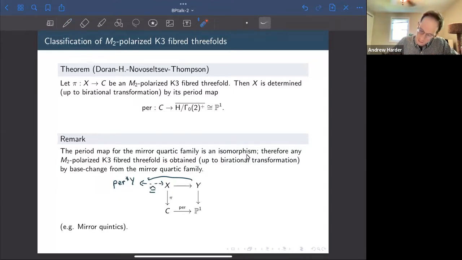It was by the map, I think, s to the 5th, lambda s to the 5th over s plus 1. That was the period map for the mirror quartics. So this depends on the parameter lambda. It was a one-dimensional family of mirror quintics. In practice, these are very tangible, down-to-earth things that we're dealing with here.